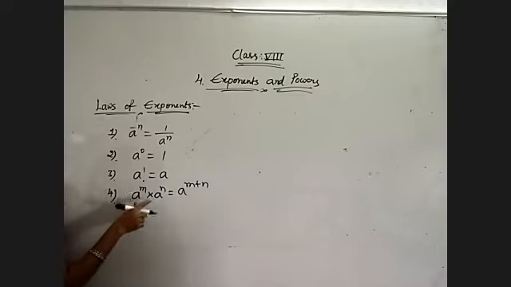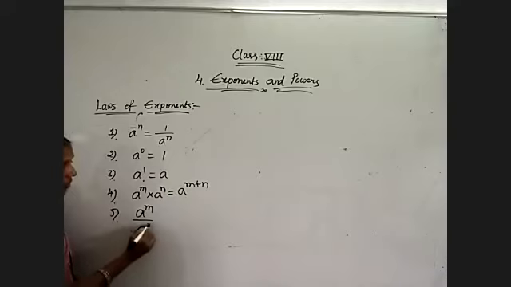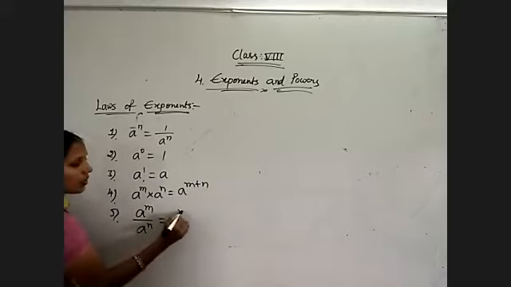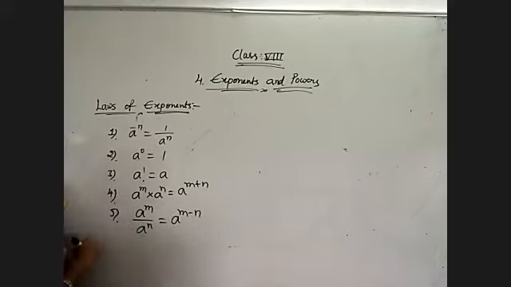Two exponents are having the same base and they are multiplied. In that case, exponents will be added. And secondly, a to the power of m by a to the power of n. When same bases are there and they are divided, in that case, a to the power of m minus n we must use.